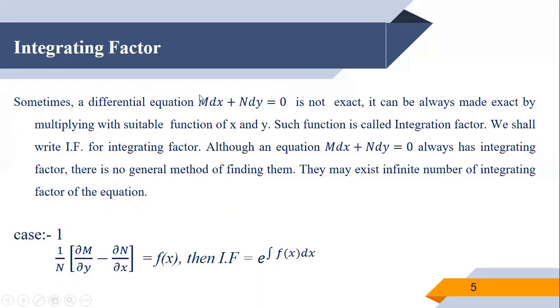That means a given equation whose form is M dx plus N dy equal to 0, which is not exact, we multiply with some function, then the non-exact equation becomes exact. Such a function is called an integrating factor.